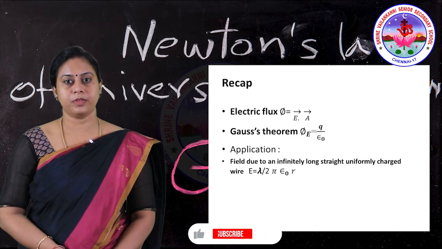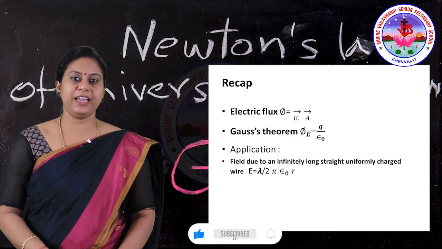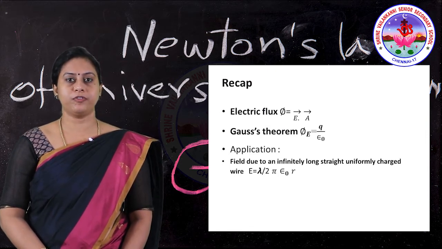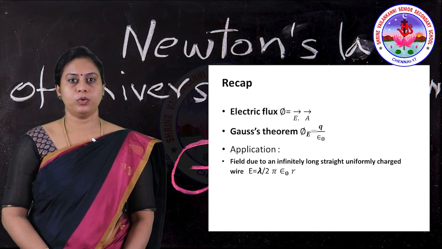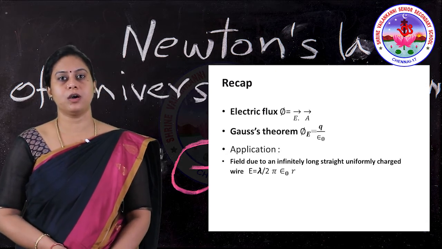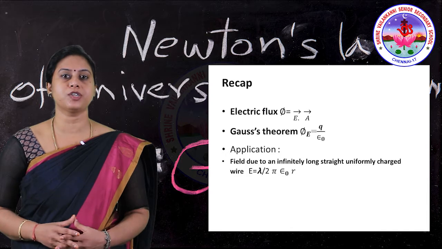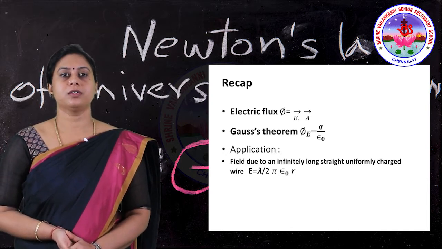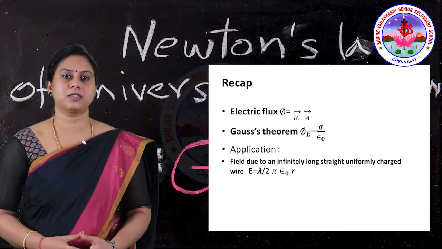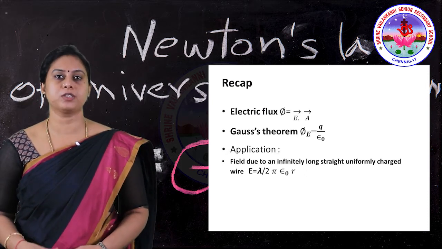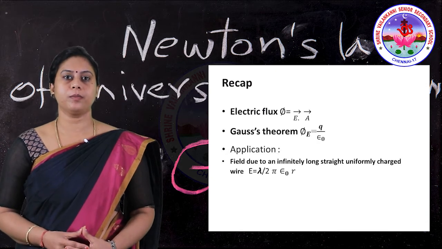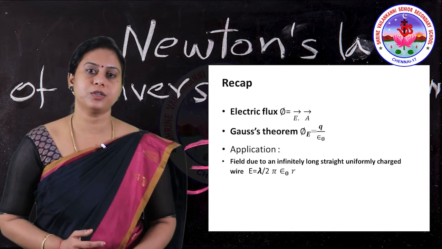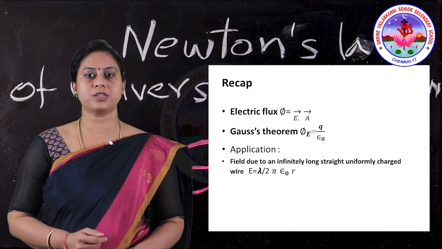Gauss theorem, that is phi E equal to Q by epsilon naught: the total flux passing through the closed surface is 1 by epsilon naught times the net charge enclosed by the surface, and the SI unit of flux is Newton meter square Coulomb per minus 1.